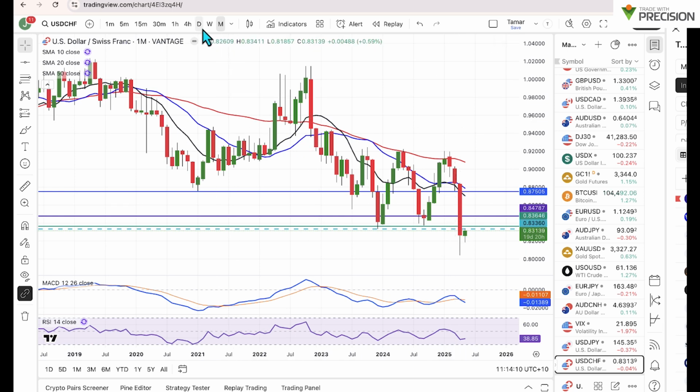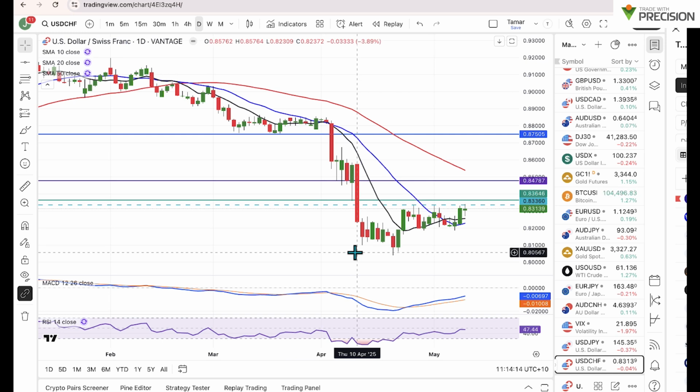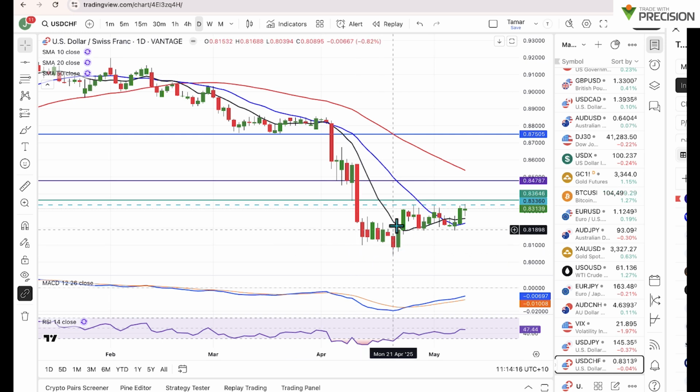Now moving into the daily chart, we can see here on the daily, after that strong sell-off, the market is consolidating underneath this level in and around 83.40. We can see here on the dashed line we have a couple of touches at that area, and we're compressing underneath this level. But we also have another level in the way, and that is the green line.